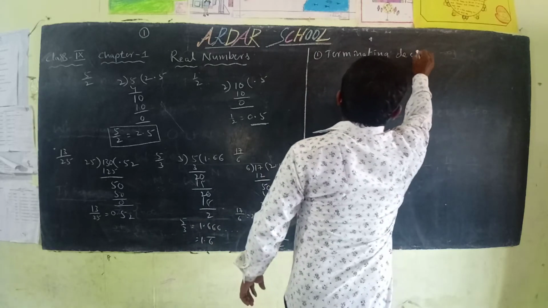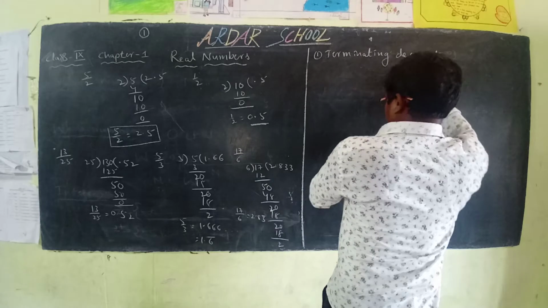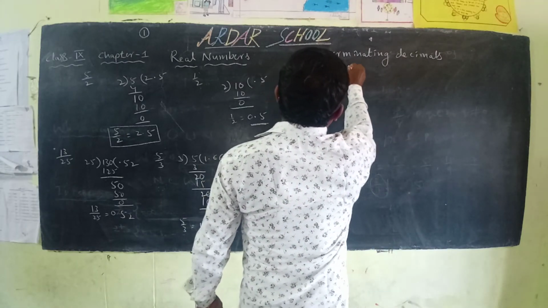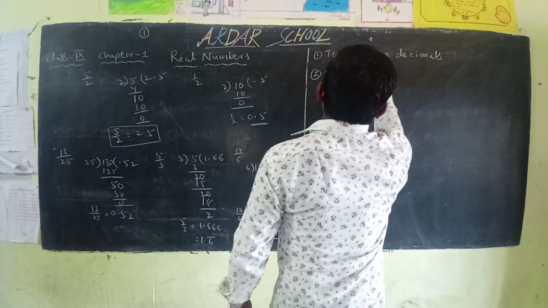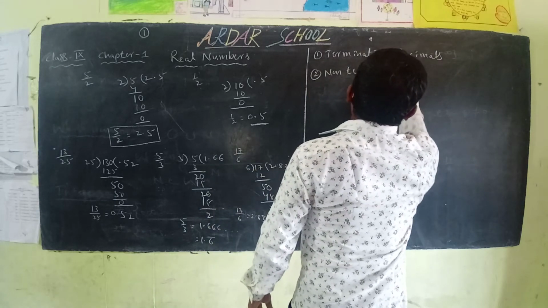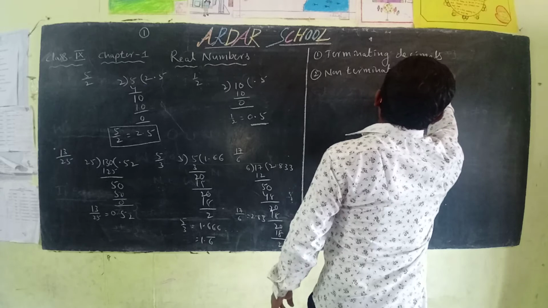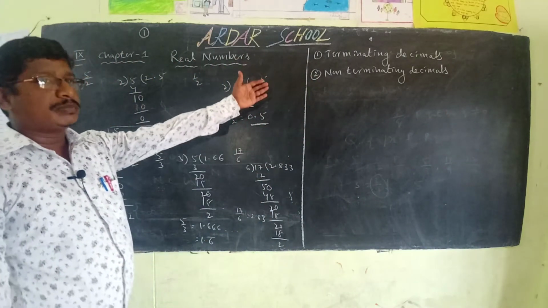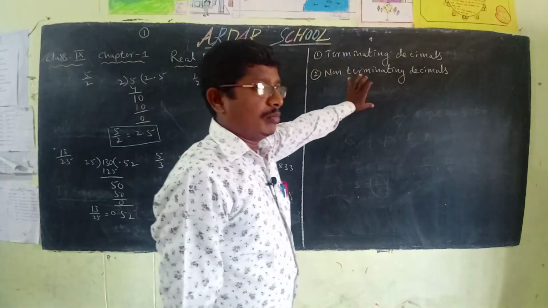First one is terminating decimals. Second one is non-terminating decimals.